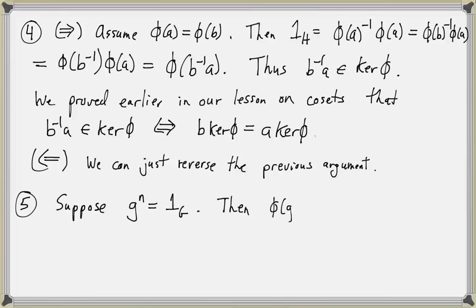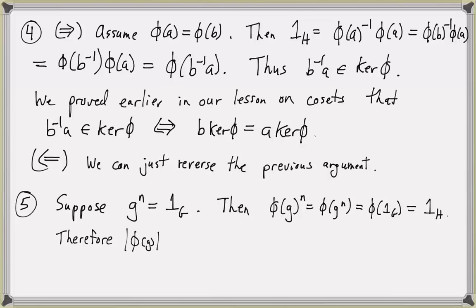Then phi of G to the power n equals phi of G to the n by property 2, and this just equals phi of the identity in G, which by property 1 equals the identity of H. So we've already shown earlier that if an element to the power n equals the identity, then the order of that element divides n. So therefore, the order of phi of G divides n.